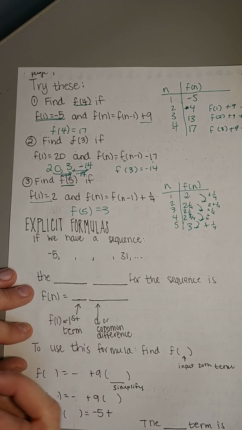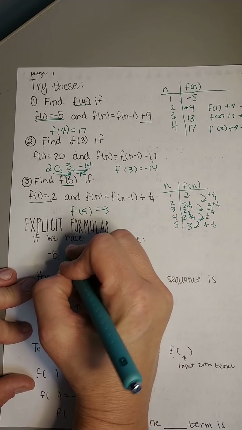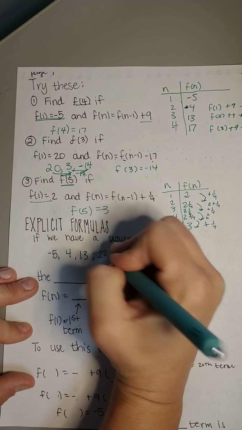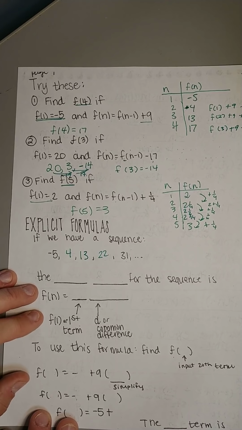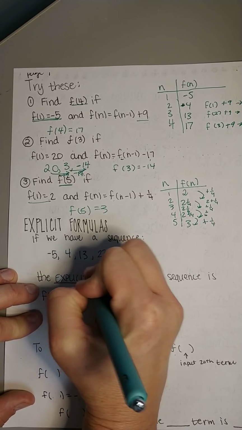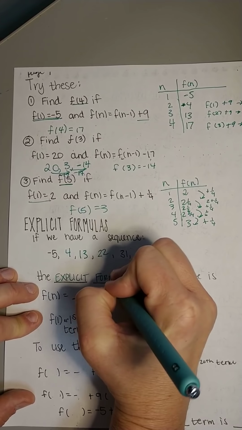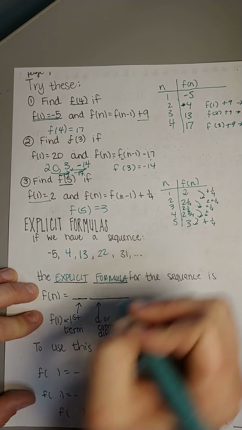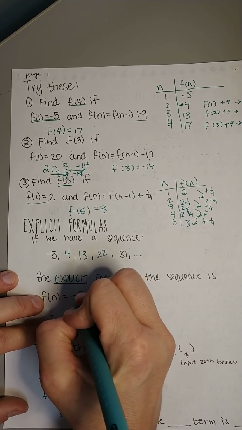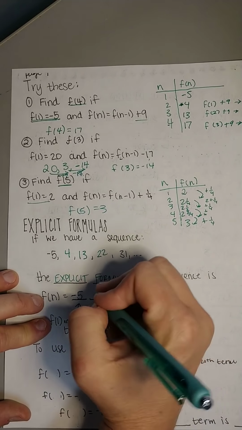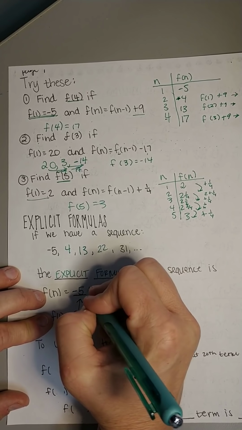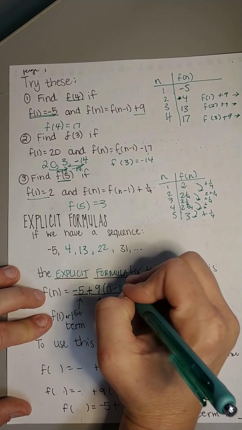Now, if we have a sequence -5, 4, 13, 22, and 31, the explicit formula for the sequence is f of n equals -5 plus 9 times n minus 1.